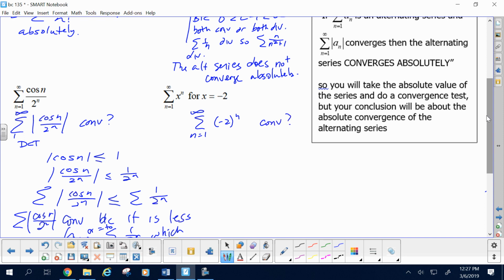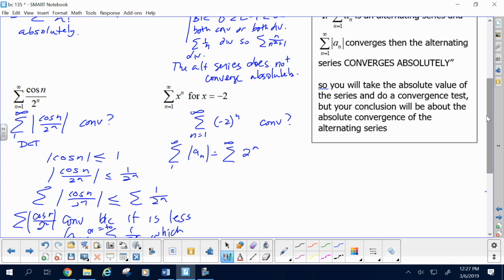Okay, now converge absolutely. If I were to talk about converging absolutely, then that means I want to look at the absolute value. And what is the absolute value of that series? 2 to the n. Yeah? The negative that would alternate is stripped away and it just becomes 2 to the n. Does that converge or not? What's the first thing you check?